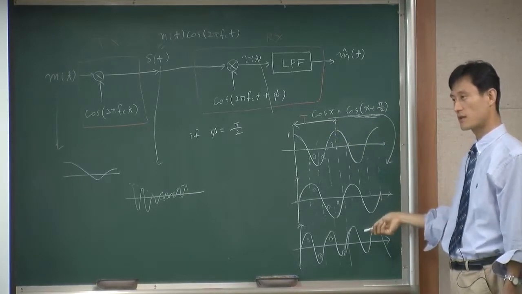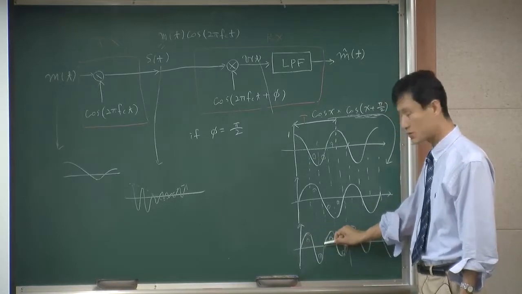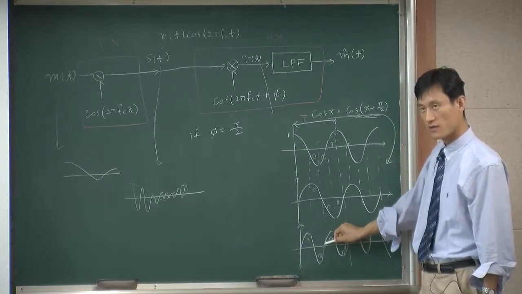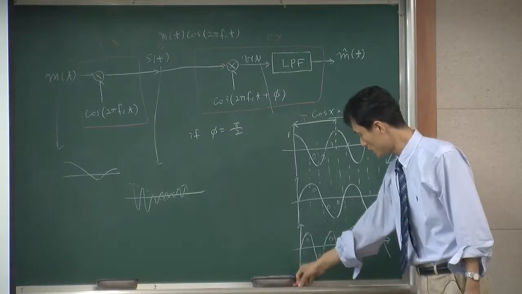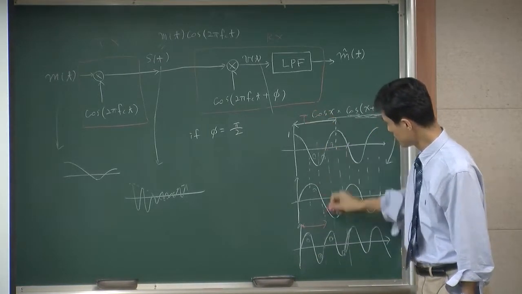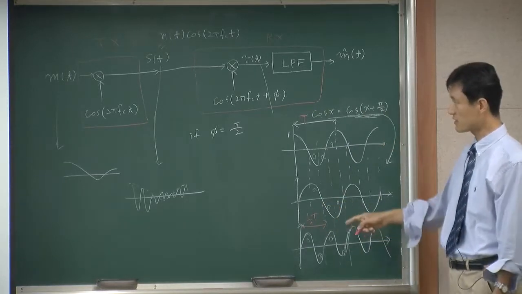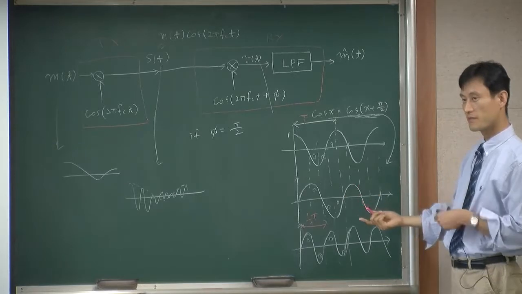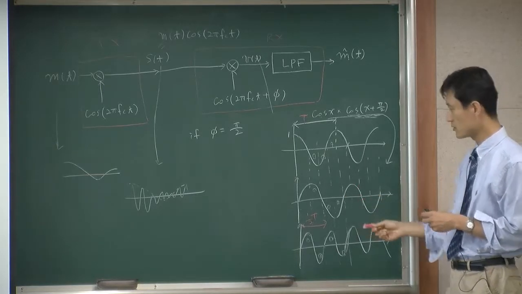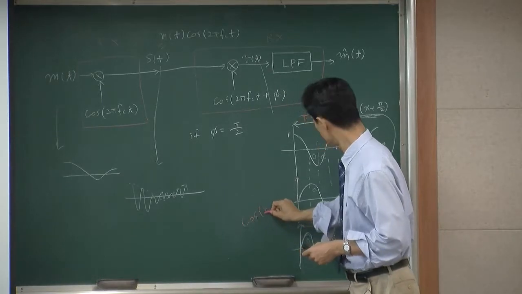So what does that mean? That means you're going to get another sinusoidal function. The period of the sinusoidal function is, let's say this is T, then the period becomes half of T, meaning that frequency is again doubled. So you will see something like cosine 2x.